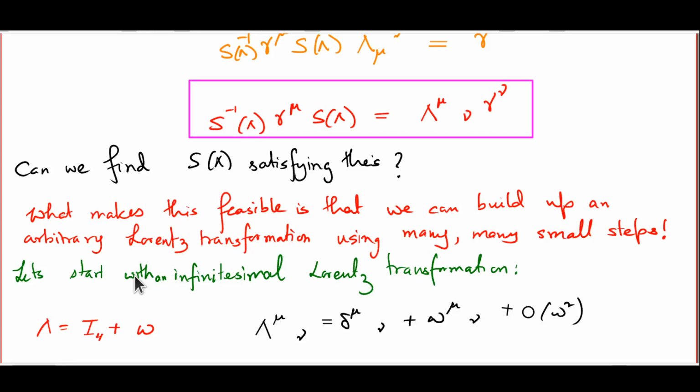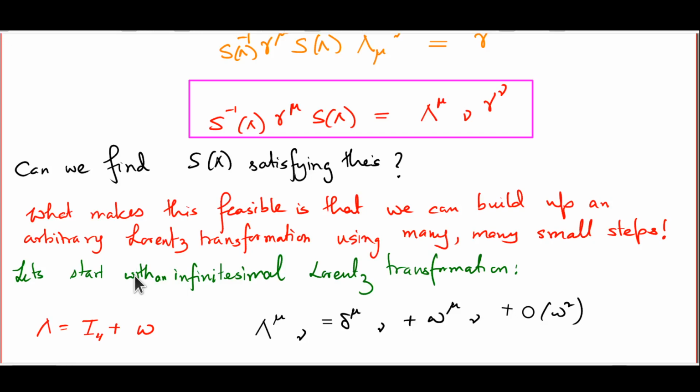Or in terms of components, lambda upper mu lower nu will be delta mu nu plus omega mu nu, where omega mu nu are infinitesimally small. Of course, this could have additional terms of order omega square and above, but because omega mu nu are infinitesimal, the higher order terms are of course negligible.